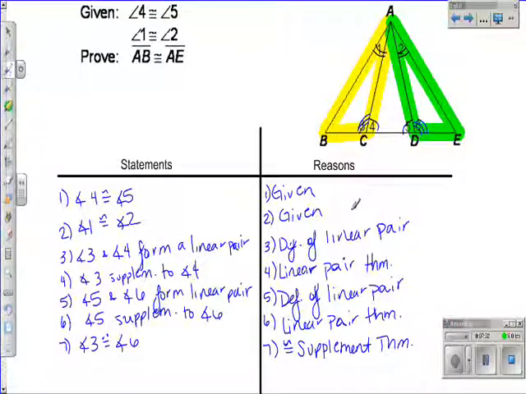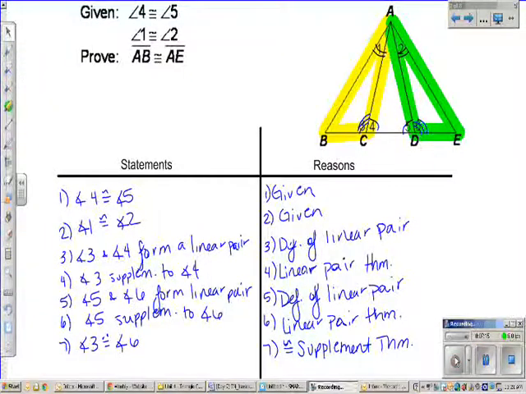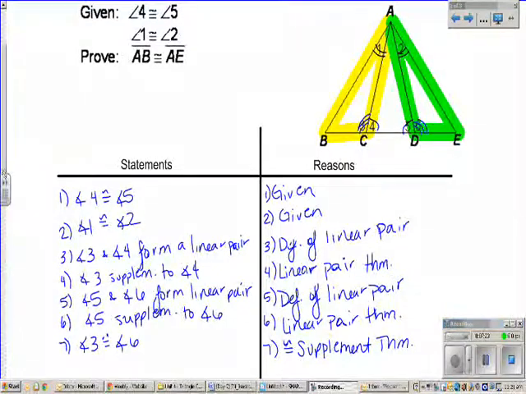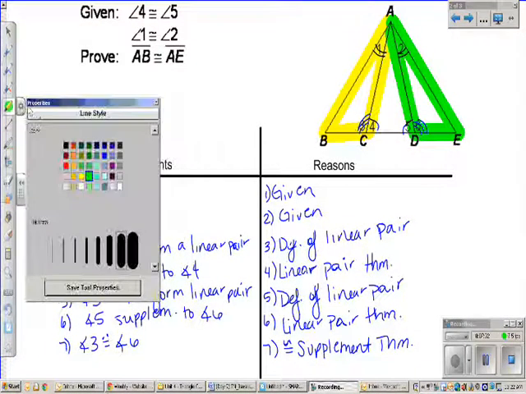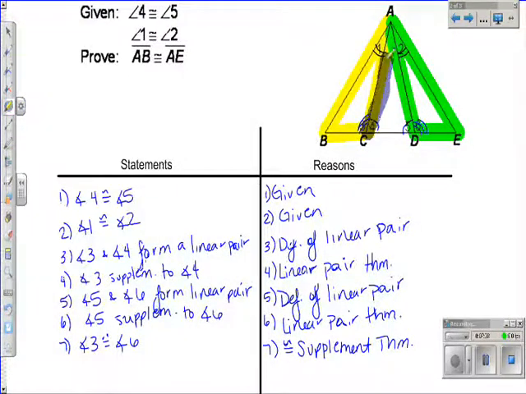From here we're trying to figure out how we can prove these two triangles congruent. We don't have enough information yet, so we're looking to prove sides congruent. If we look at this inside triangle right in here, which I'll color blue, it has two congruent base angles.